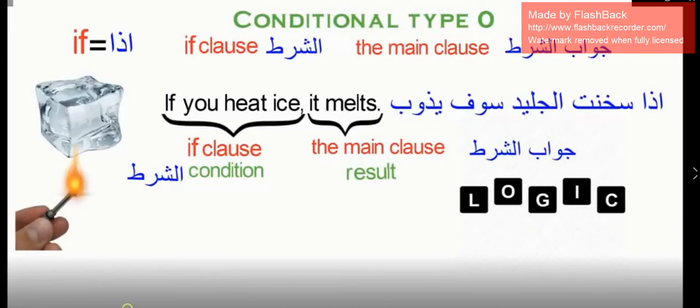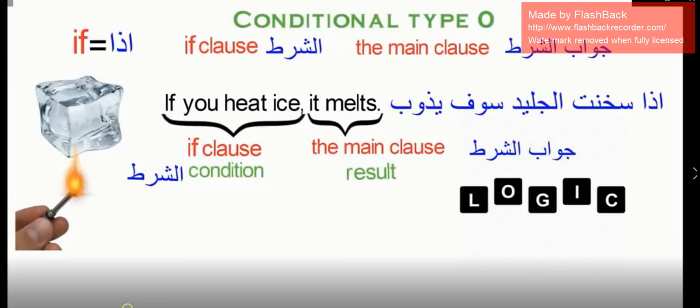Something can't be changed. شيء لا يمكن تغييره. Why? It's a fact, حقيقة ثابتة. Or a scientific experiment. We are talking in this sentence about a fact or scientific experiment.